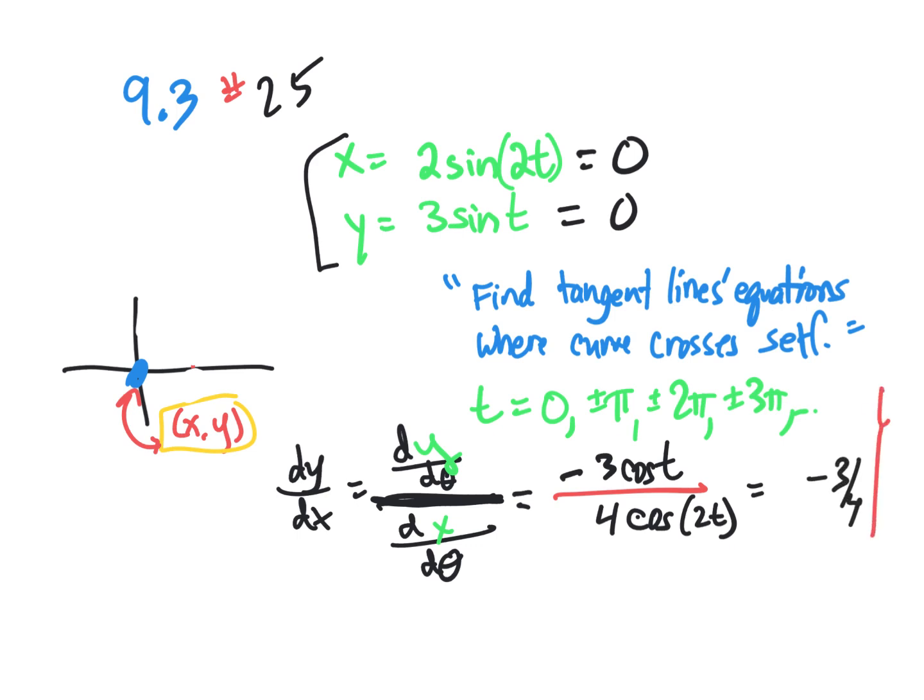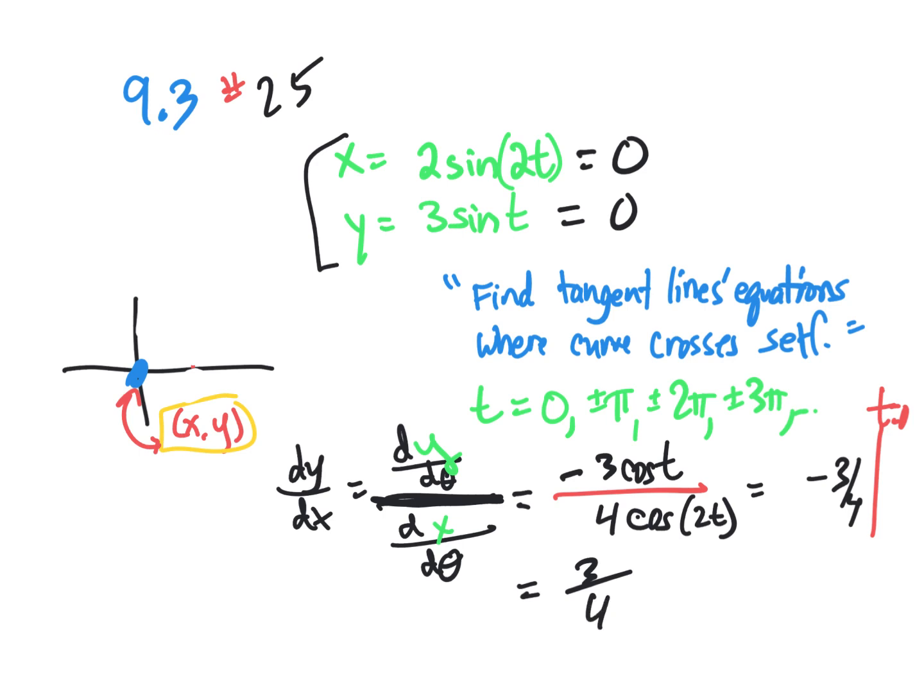That's when t is equal to 0. What about when t is equal to pi? Then the slope is negative 3 times cosine of pi, which gives us a positive 3, and then 4 times cosine of 2 times pi, which is 1. That's positive 4.